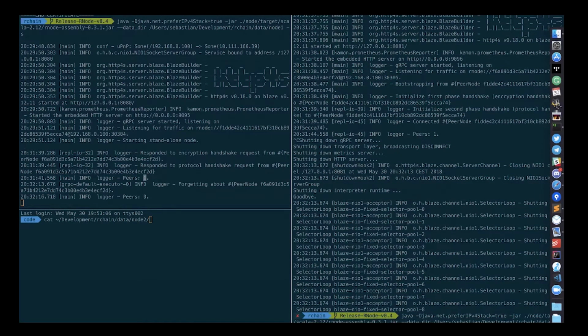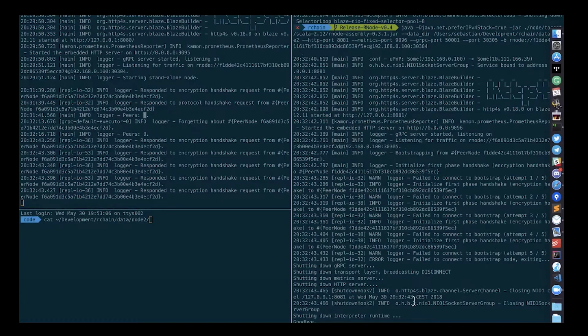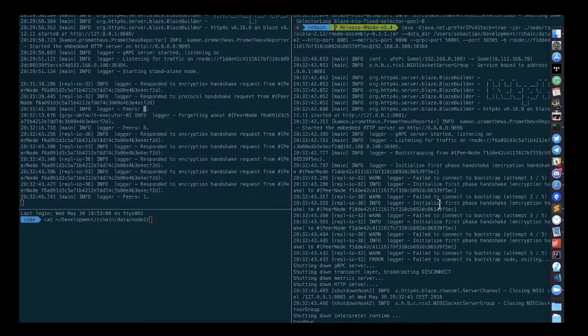I'm not sure if we are logging this at the moment, but if not, we will add some logs. The node recognizes that the server we are talking to is not the server we are expecting, because the server has a different identifier. So this public key part is different.